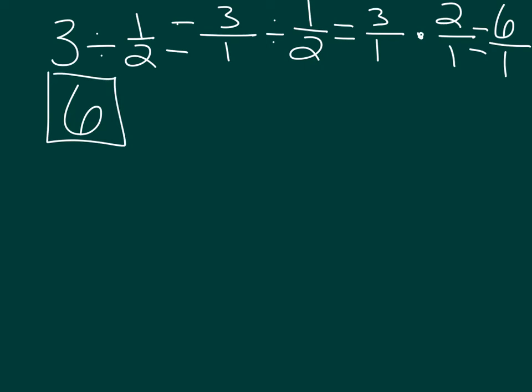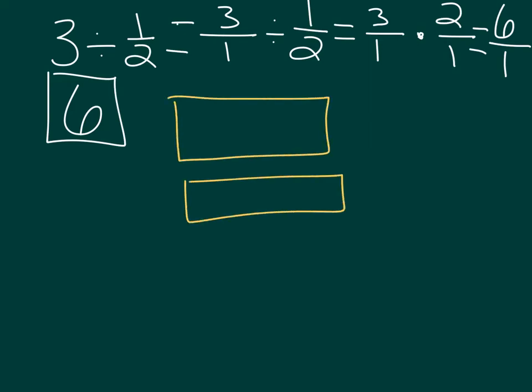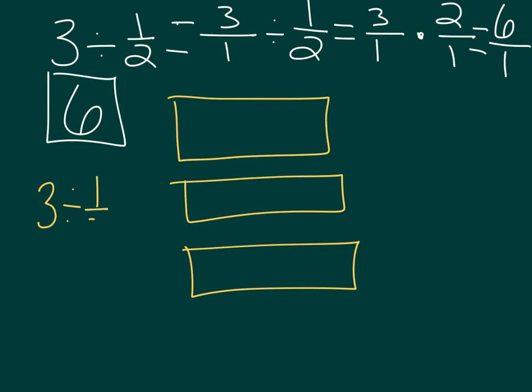So to look at this in kind of a visual sense, we will draw 3 boxes to represent our whole number of 3. Okay, imagine they're all the same size. This problem, 3 divided by 1/2, is really asking us, how many times can 1/2 fit into 3? So we drew our 3 wholes, our 3 boxes. Now we want to see how many times 1/2 can fit.